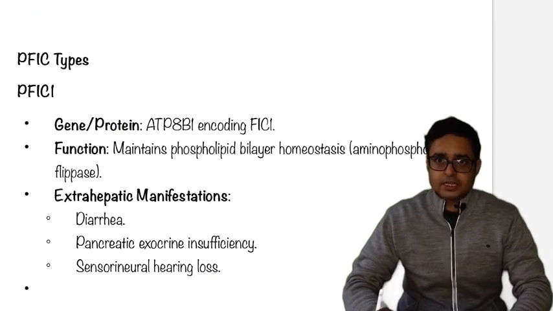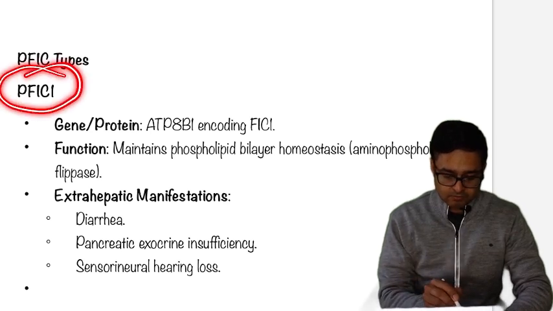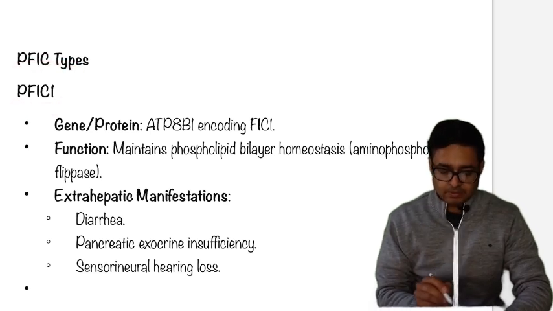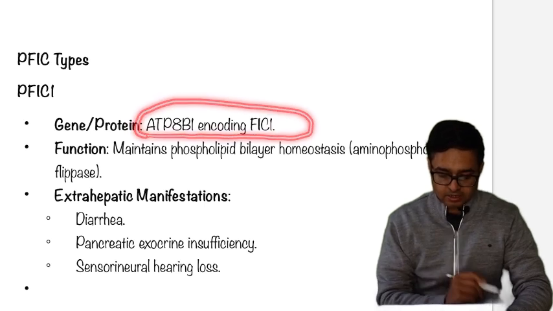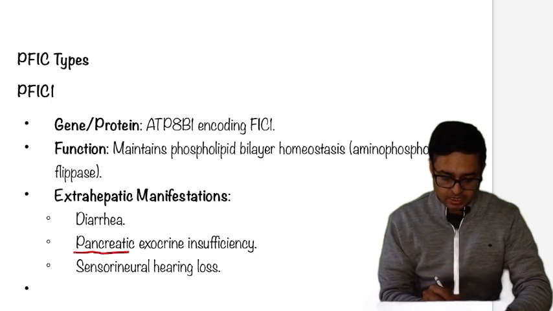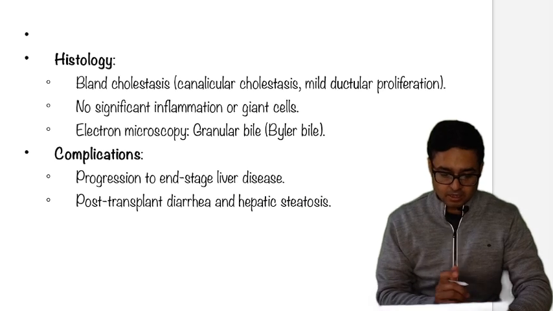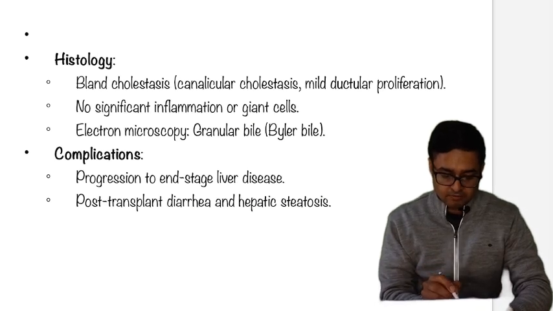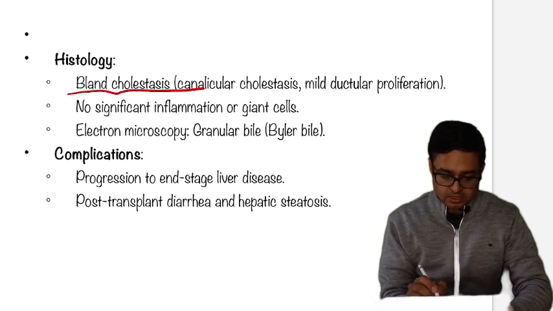So we'll discuss individual PFIC. As we see PFIC1, from the table the gene is ATP8B1 encoding FIC1. Just remember, PFIC1 is associated with pancreatic exocrine insufficiency and sensorineural hearing loss. Histology in PFIC1 shows bland cholestasis, and electron microscopy shows granular bile.